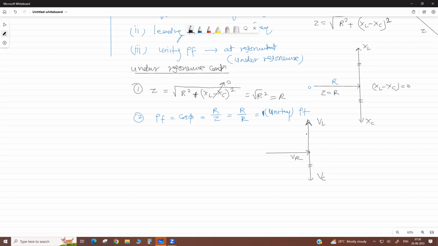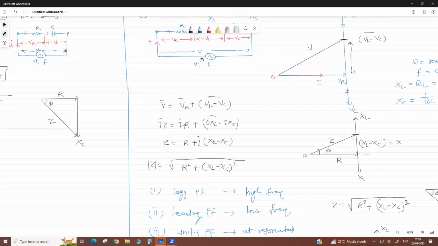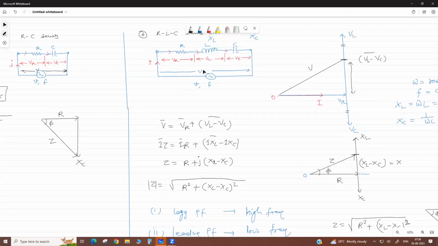They are equal and opposite. Then if you calculate the total voltage, this total voltage appears across the resistance only, the source voltage. In the circuit, this applied voltage is equal to this only because they are opposite and equal. But they are there, which means high voltage magnification takes place.